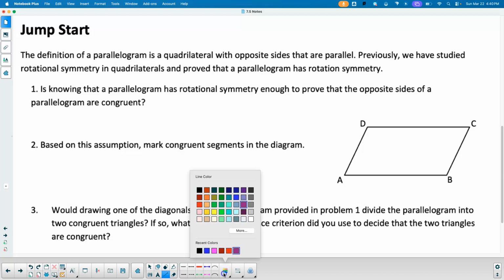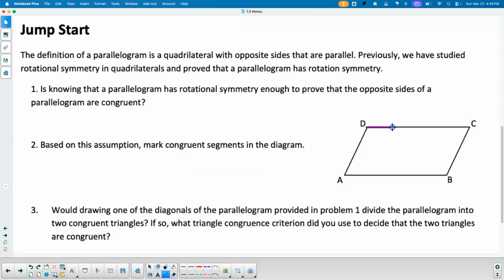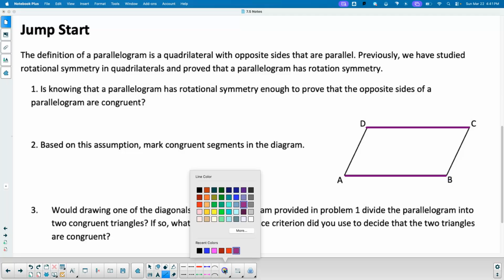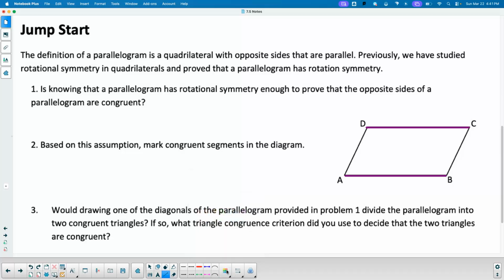So if I go with purple here now, and I take those two, those are going to be opposite sides, and then I can go with a different color. I'll go with green. Those would be opposite sides.